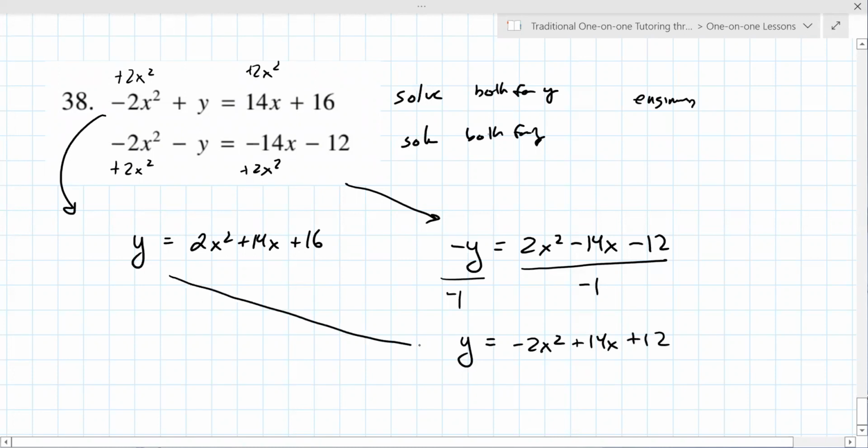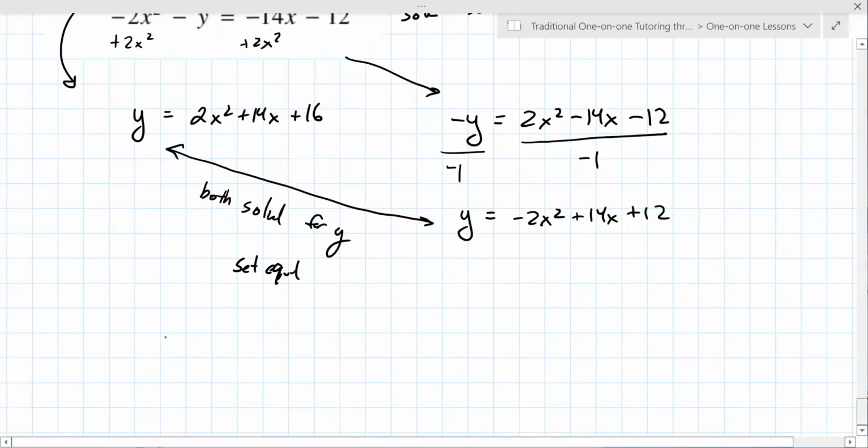Since they're both solved for y, you can set them equal. That's key. So it's 2x squared plus 14x plus 16 equals minus 2x squared plus 14x plus 12.